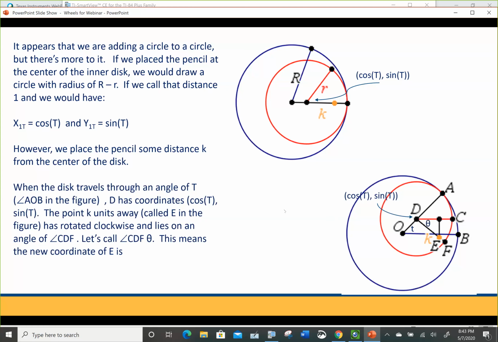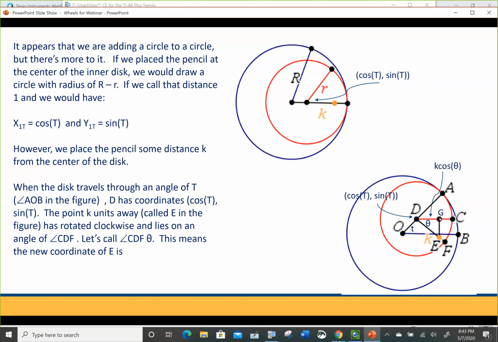Now, what that means is, if I think about this point as being G, DG is simply in this triangle, so its length is k times the cosine of theta.